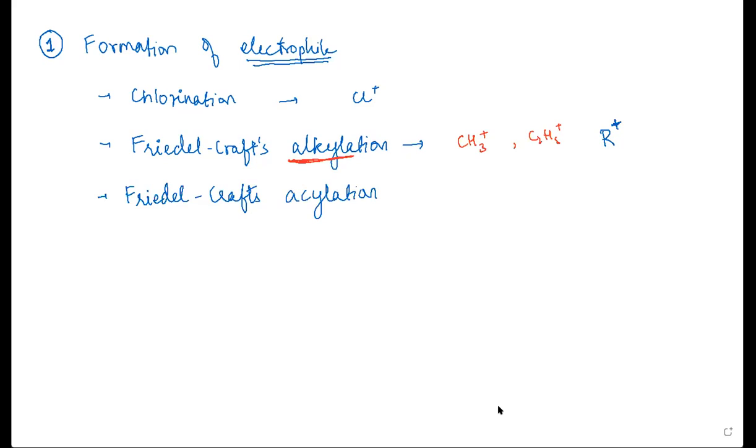Acylation is basically adding on this particular group, R C double bond O plus, RCO plus. This group is called an acyl group. The way this is called an alkyl group, when you have a carbonyl with an alkyl group attached to it, this particular group is called an acyl group.